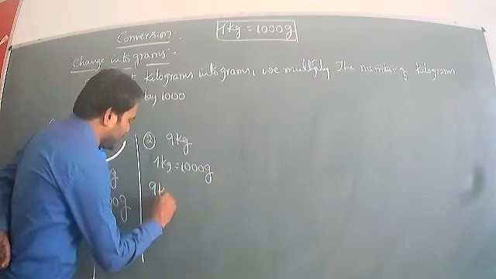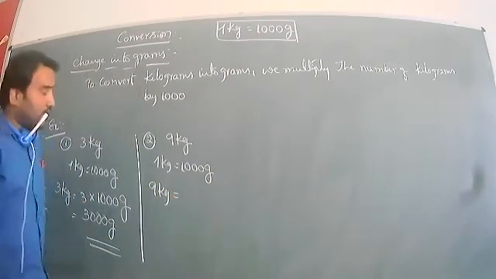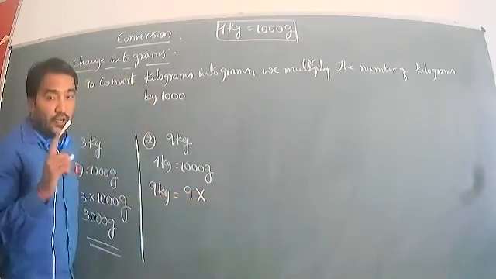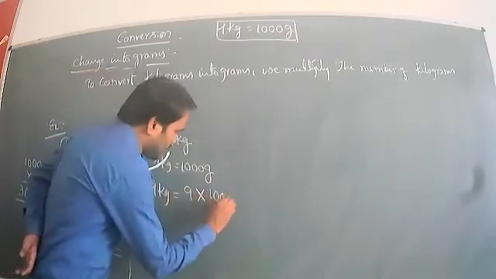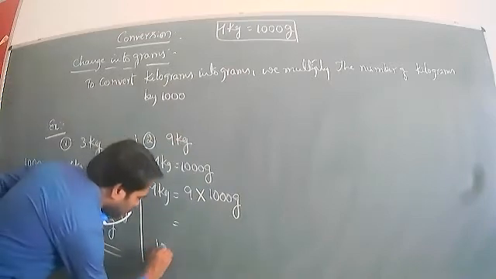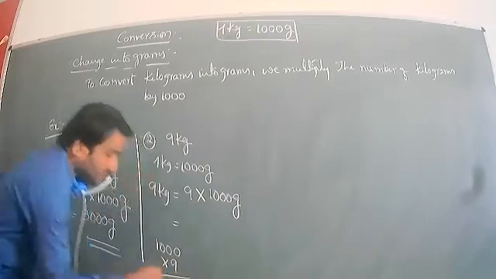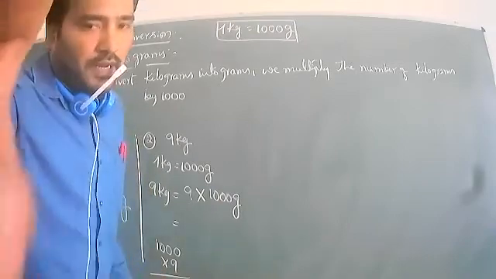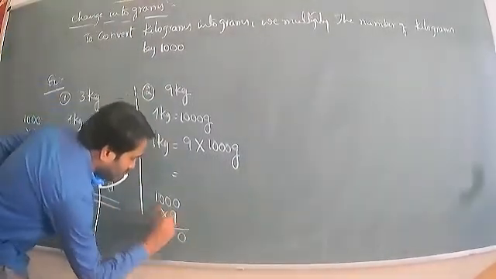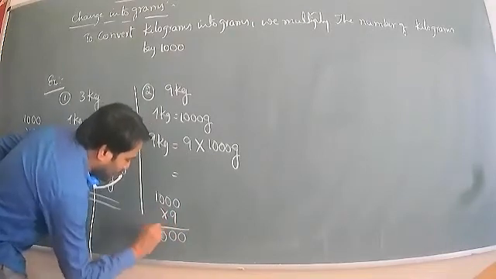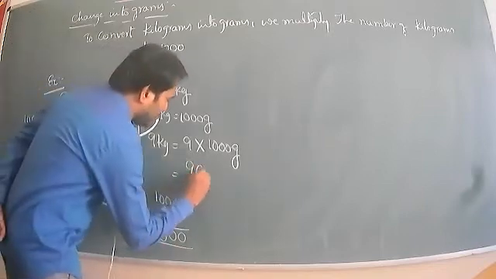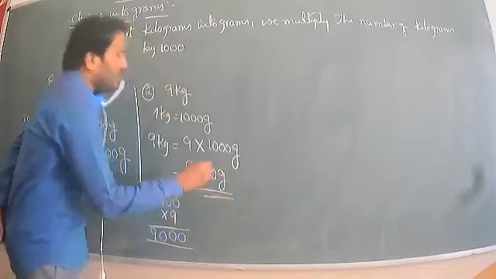So we multiply 9 into 1000: 9 times 0 is 0, 9 times 0 is 0, 9 times 0 is 0, 9 times 1 is 9. What is your answer? 9000 grams. This is kg to gram.